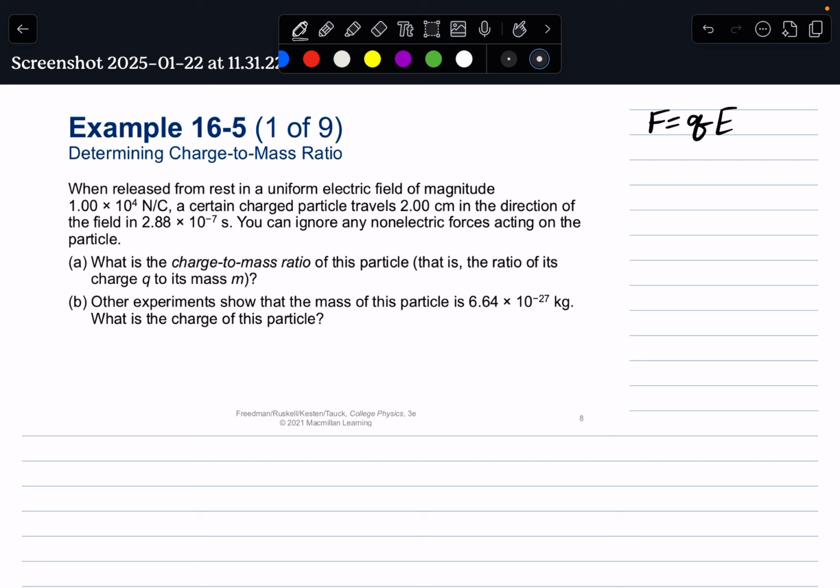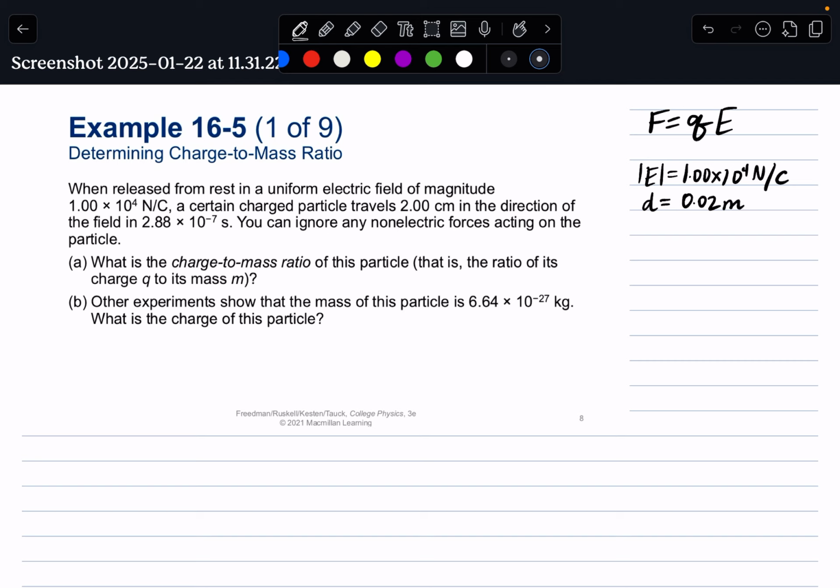And so what do we know about this particular problem? We're told the magnitude of the electric field, which is 1 times 10 to the 4 newtons per coulomb. And we're told that the distance the particle travels is 2 centimeters. So we could just say distance is, I'm going to write that immediately in SI units, 0.02 meters.